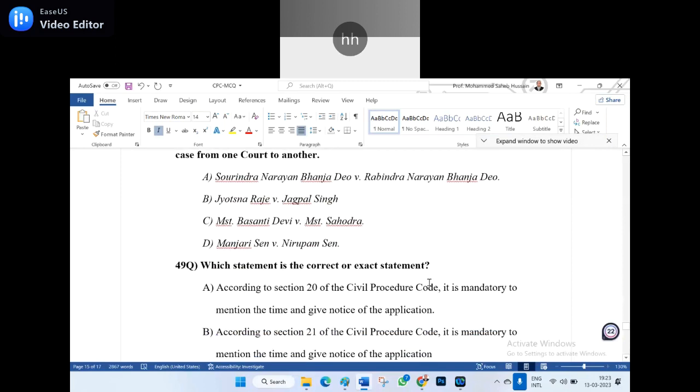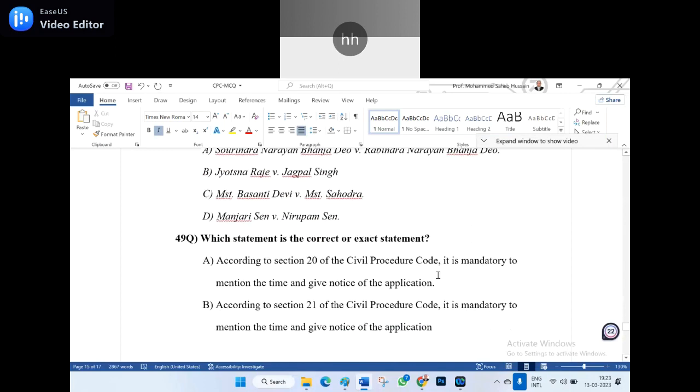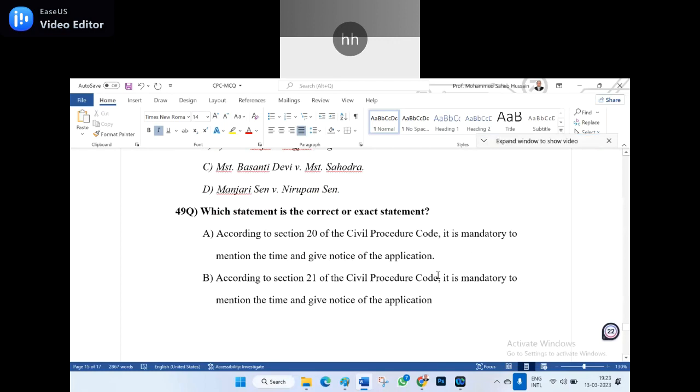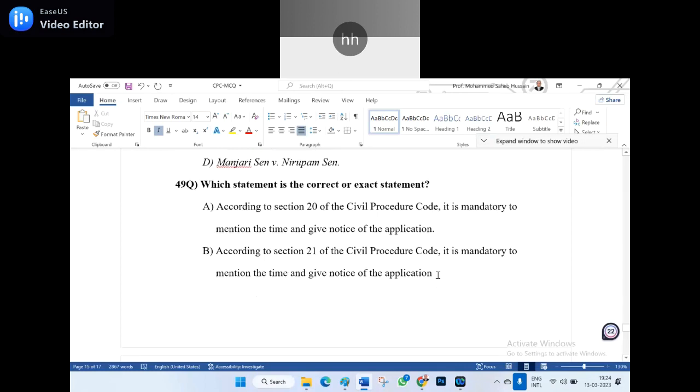Now let us see the 49th question. Which statement is the correct or exact statement? A. According to Section 20 of the Civil Procedure Code, it is mandatory to mention the time and give notice of the application. B. According to Section 21.